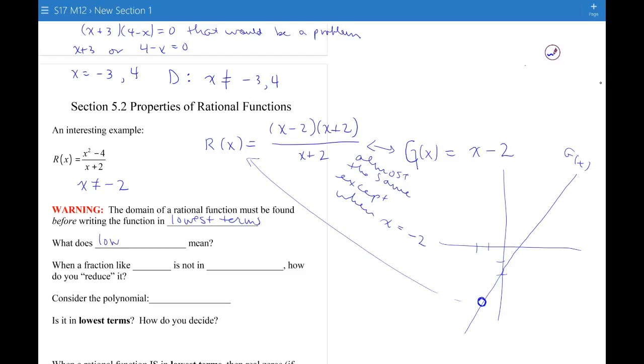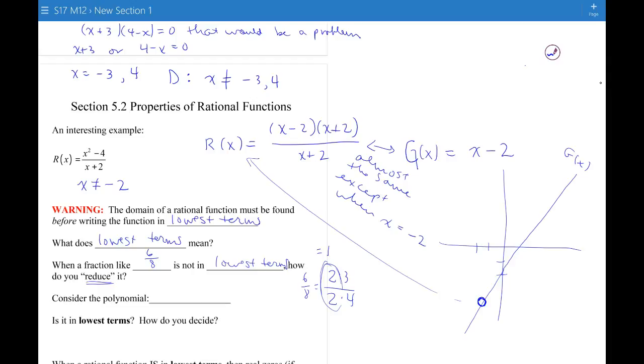And let's think about, what does lowest terms mean? When a fraction like 6/8 is not in lowest terms, how do you reduce it? Well, you probably do it in your head without thinking about it anymore, but really technically what you're doing is factoring the numerator and factoring the denominator, and then you're saying 2 over 2 equals 1.